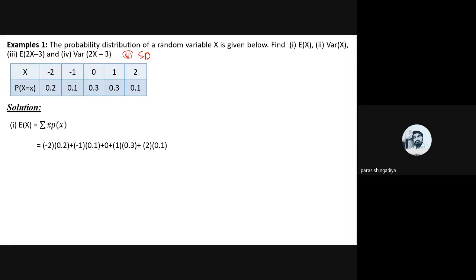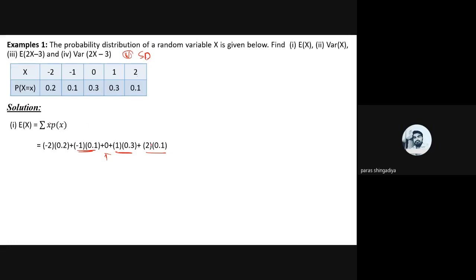So minus 2 into 0.2, plus minus 1 into 0.1, plus 0 into 0.3, that you will get 0, plus 1 into 0.3, plus 2 into 0.1.